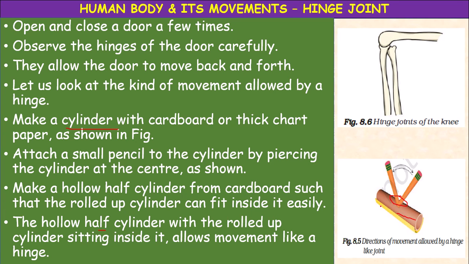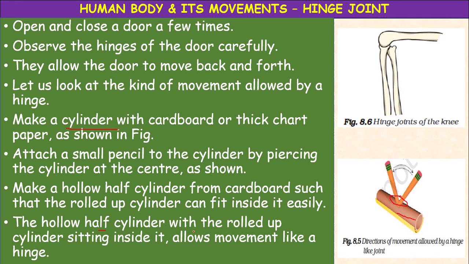One is yellow color and one is brown color. The yellow color is a half cylinder, cut so that the brown cylinder can fit in it. So make a hollow half cylinder, that is yellow color here, from the cardboard such that the rolled up cylinder can fit inside it easily.